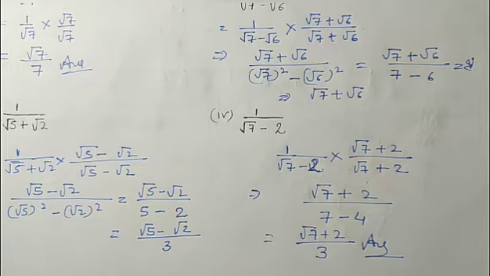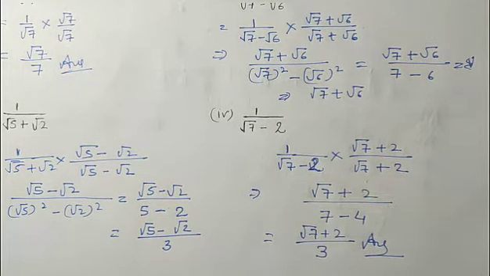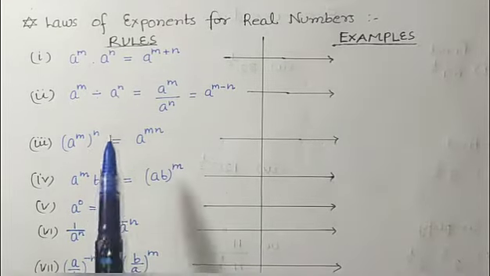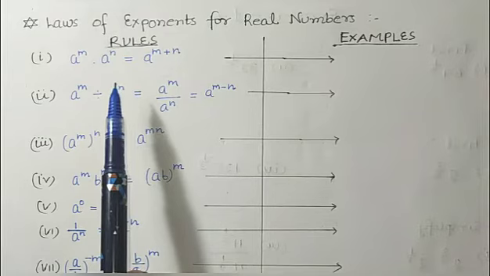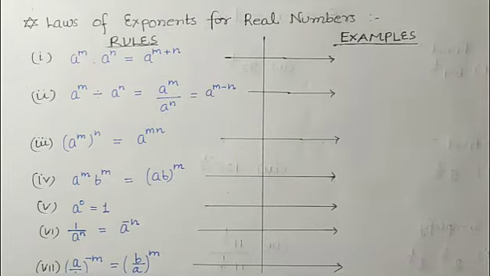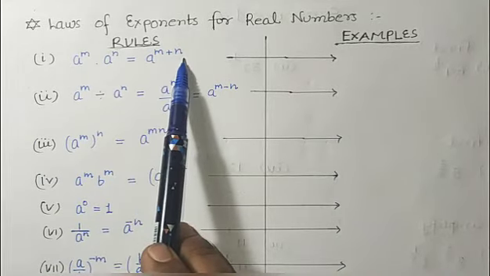Now we are going to see the next topic for the next exercise, that is laws of exponents for real numbers. See students, powers and indices that you have studied in the previous classes: a to the power m into a to the power n will be a to the power m plus n.